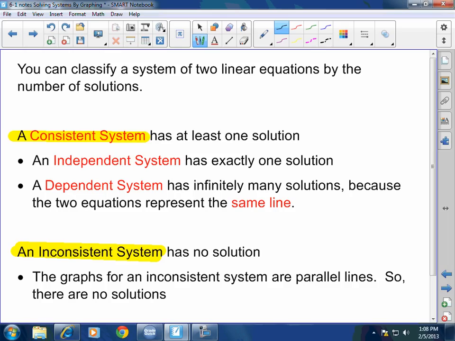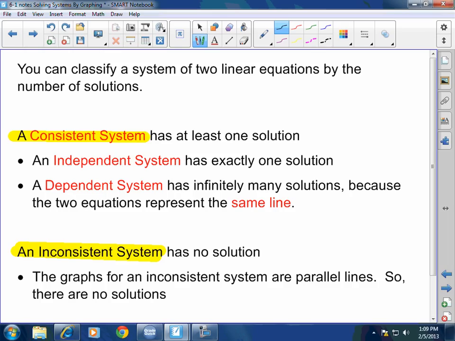Now, there are 2 different types of consistent systems. You can have one that's called an independent system, where you only have one solution. It is an independent, consistent. Now, dependent. A dependent has infinitely many solutions because the 2 equations represent the same line.